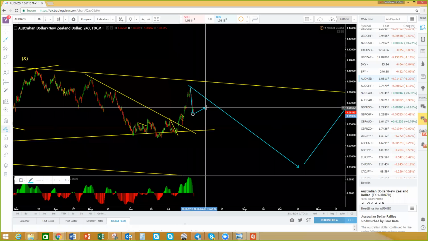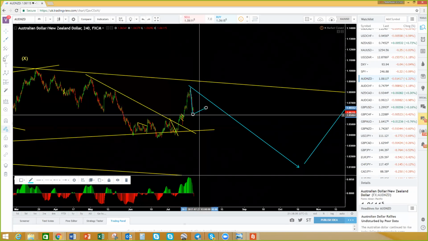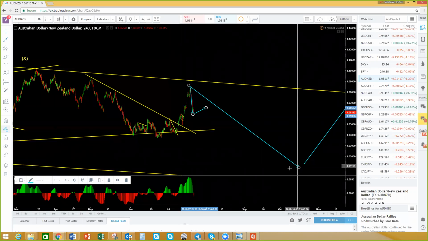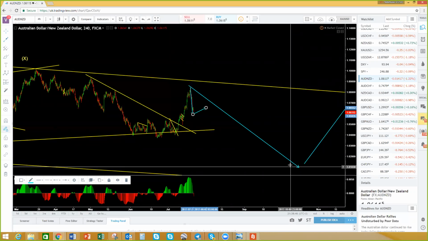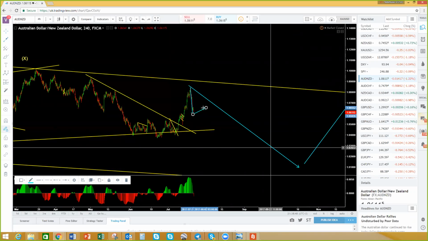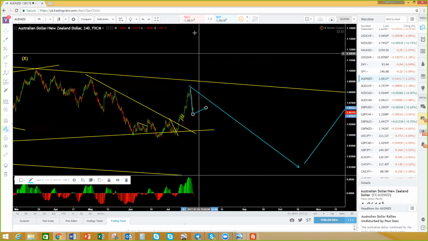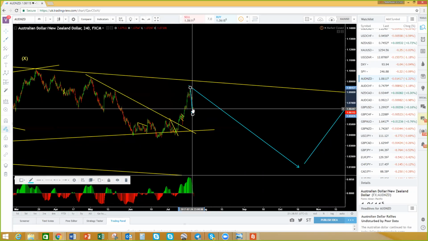So any correction that does this, even if it's on a 1 hour chart, you can sell it all the way up until the one area. So basically at a point where the Audi and the New Zealand are exactly the same value. So we'll be looking for a correction.